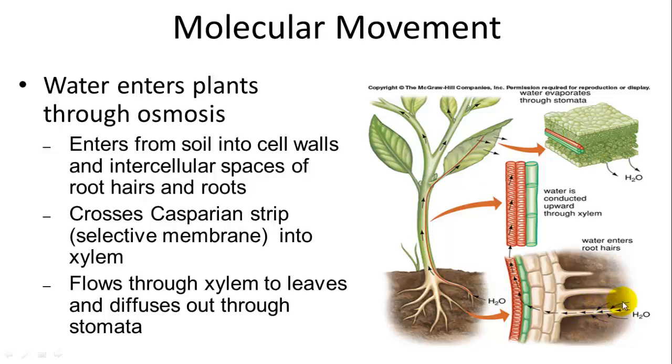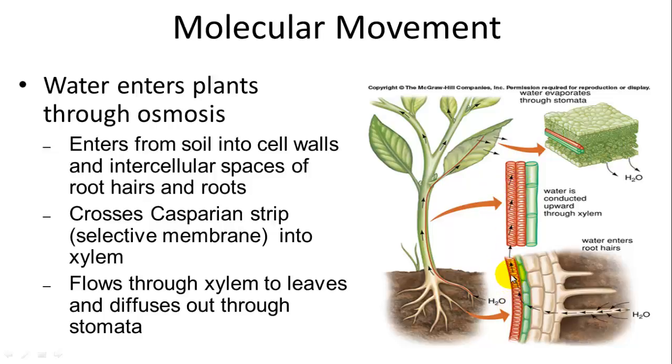So it's coming then through there just by osmosis. And then it must pass through the Casparian strip, that barrier in the root, which is a selective membrane, so it only lets specific things in with the water. So we'll go through the Casparian strip, and then we'll go into the xylem.